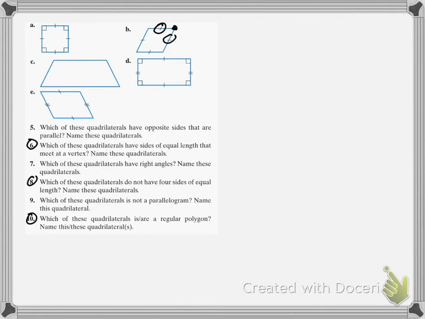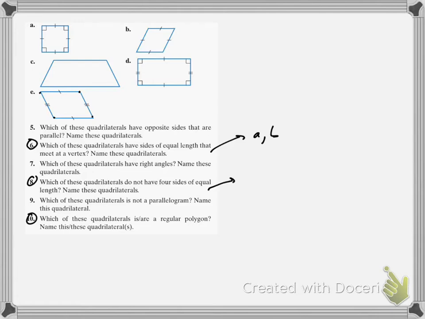So that one would apply. So looks like A and B both apply. So for 6, it'd be A and B. I don't think any of these other ones have equal sides meet at a vertex, because if I look at each of these vertices, there's no equal sides that meet at them. So it'd just be A and B for that one.